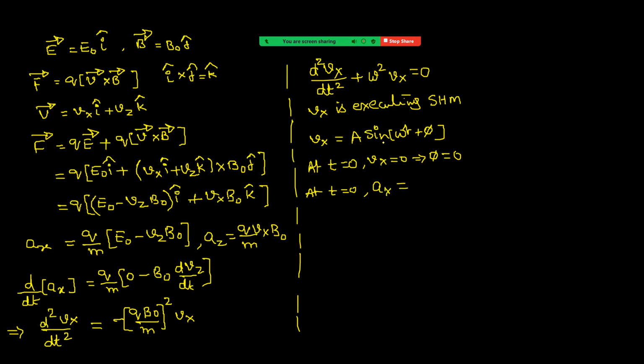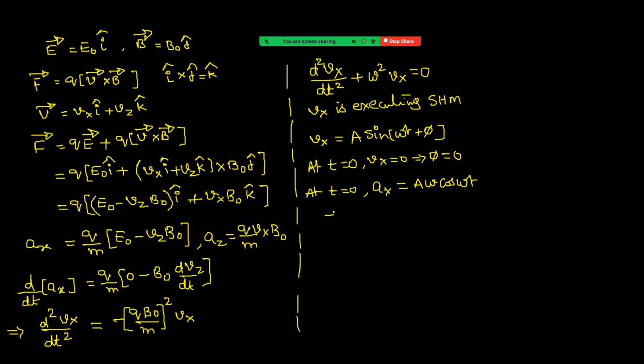Ax = Aω cos ωt, because the φ value is 0. At t = 0, Ax value, come here. What is the z component of velocity? That is 0, because initially the particle was having no velocity. So Vz = 0, and Ax = qE0/m.